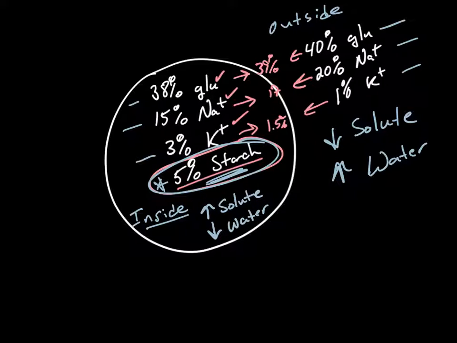So knowing that you have higher water on the outside and lower water concentration on the inside, hopefully what you're getting is that the water is going to move from high to low, and therefore the water will move into the cell.